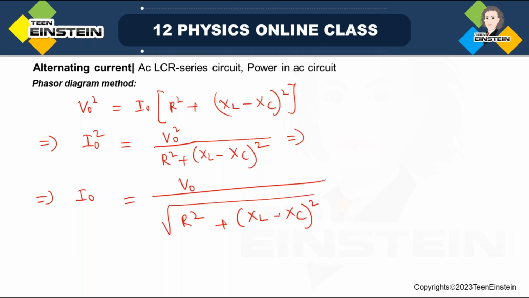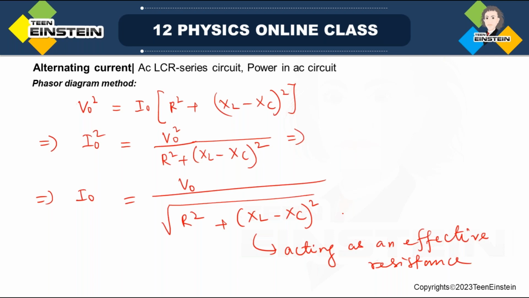Okay, so this particular term is then acting as an effective resistance, right? This has been given a name in AC circuit.